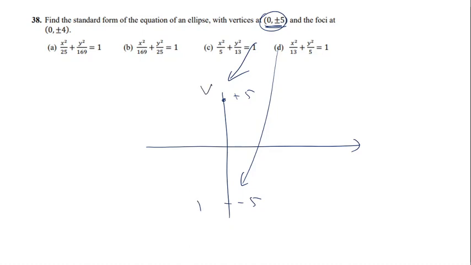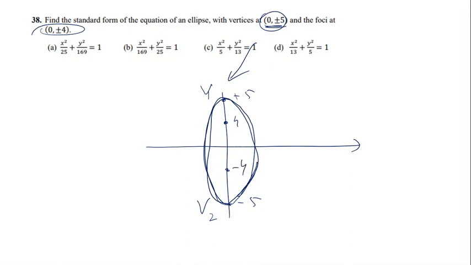These are the vertices, vertex 1, vertex 2, and this has to be a vertical ellipse. Now the foci is at 4 and minus 4, and they have to be on the same axis as the vertices.